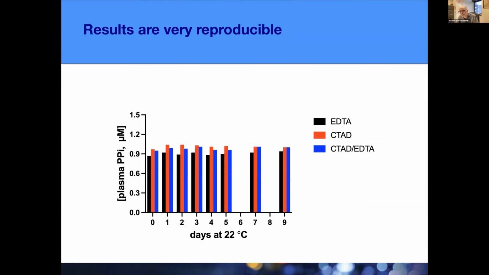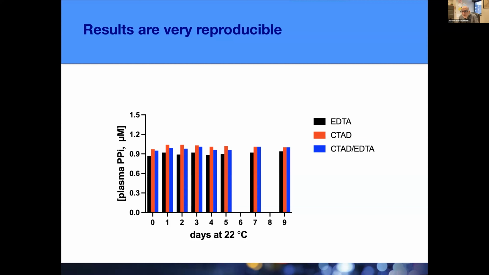I have also looked into the influence of exercise on plasma pyrophosphate concentrations. This was done in horses. So we had horses run for 20 minutes, throttle, and then we took a blood sample and plasma concentrations increased. We didn't publish this yet.